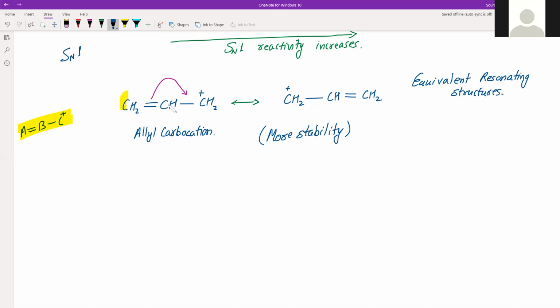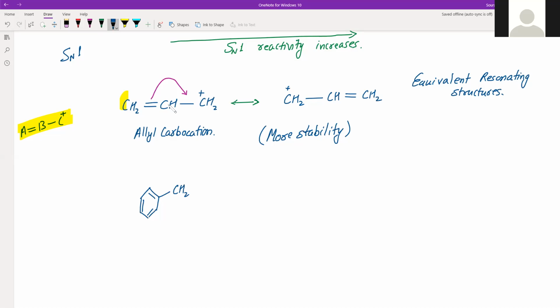Now next we see benzylic halide. So benzylic means what? Benzylic is this: a benzene ring, and on that benzene ring there is a methyl group attached, and a hydrogen is removed from that methyl group.